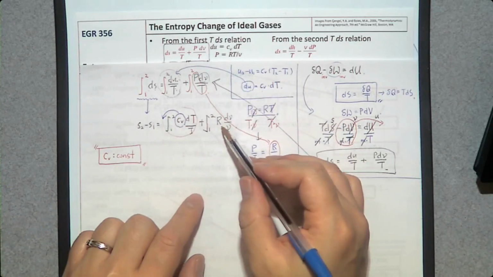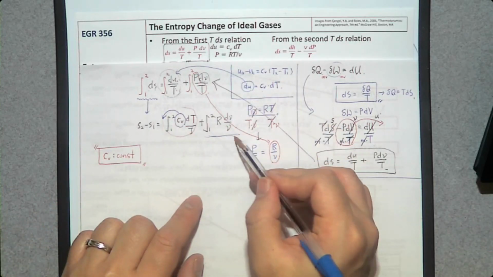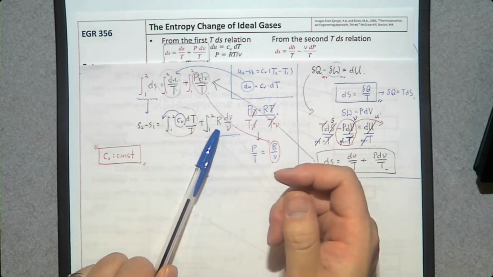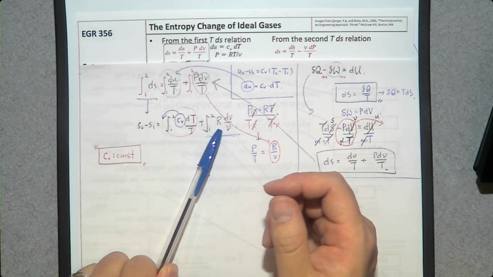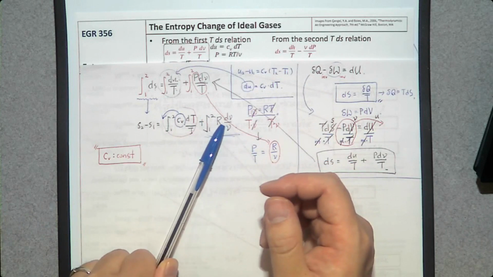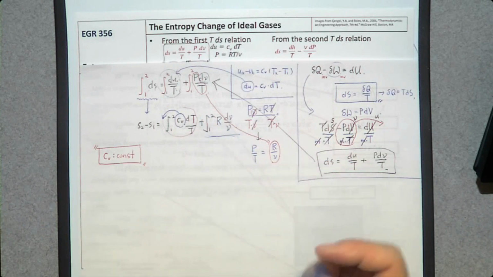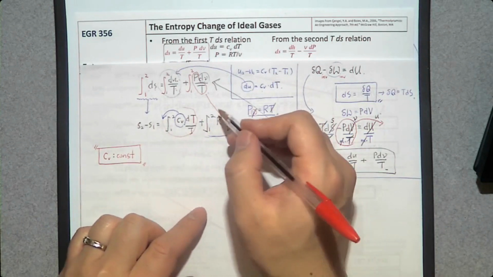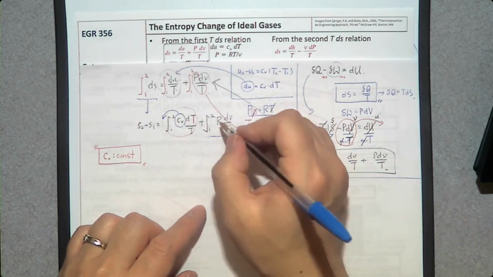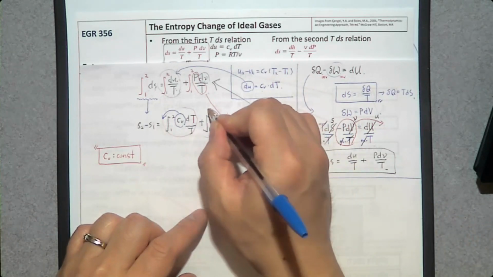What about here? Can you integrate this one? It depends on this R. If R is constant, this one comes out. If R is a variable, then we need to find the relation between R and V. So, is this R constant? Yes. The name of this R is gas constant. So this one comes out.